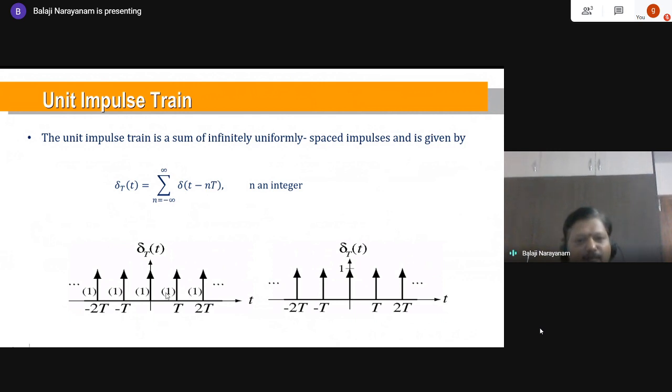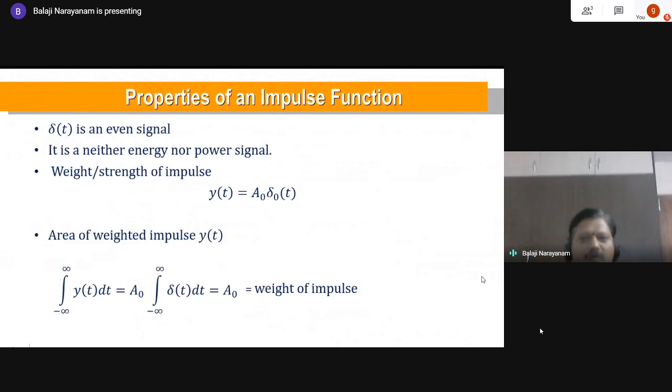You observe on both the right-hand side and the left-hand side, you have a number of impulse functions with unity amplitude, as it extends from n equal to minus infinity to infinity. This is termed an impulse train, as you can observe in this particular plot. Now let us try to understand the different properties of an impulse function.